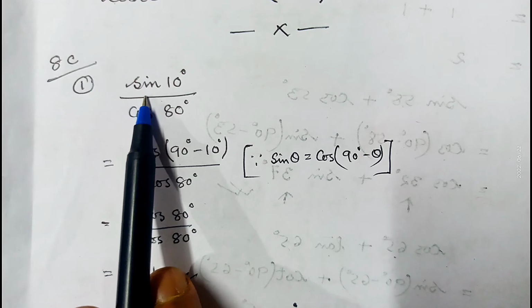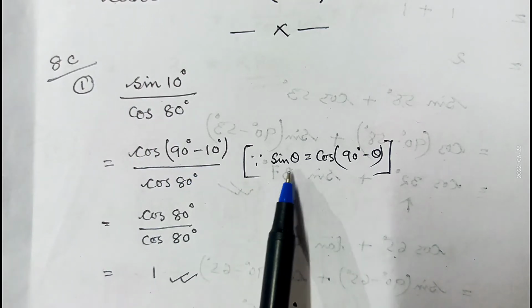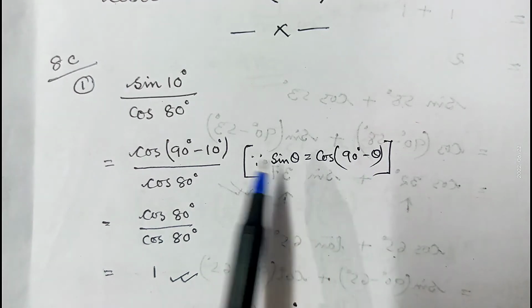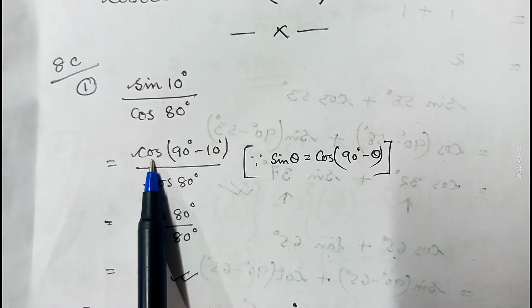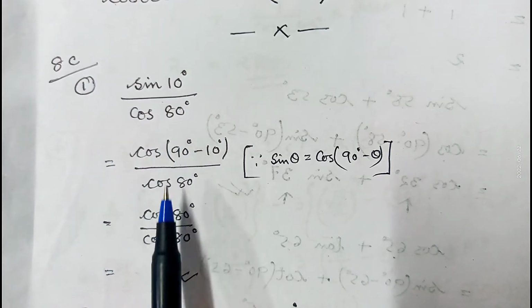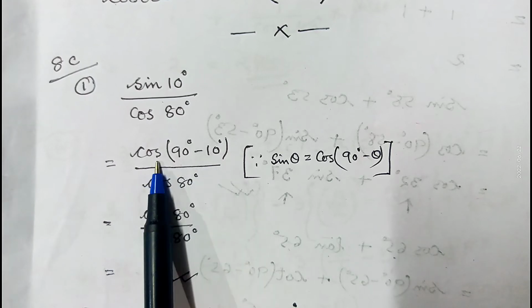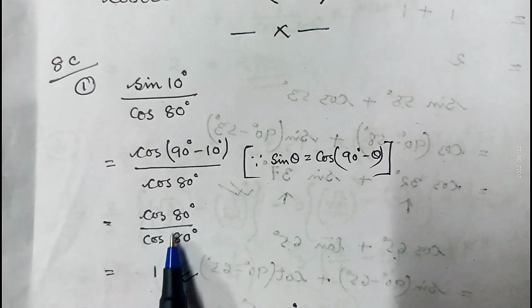So instead of sine of theta, we write cos of 90 minus theta. We know this relation. Here theta is 10, so instead of sine of 10, we write cos of 90 minus 10 divided by cos of 80. Cos of 90 minus 10 is cos of 80 degrees divided by cos of 80. Since both are the same, if I cancel I get 1. So the required value is 1.